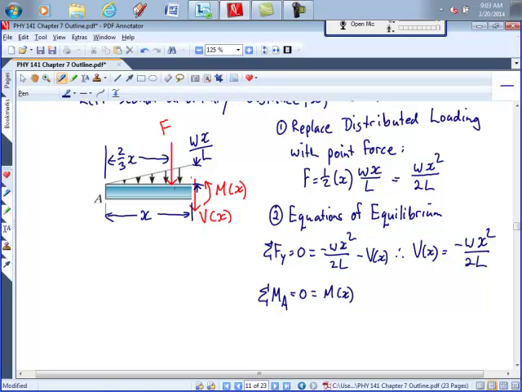And then I have the moment that's produced by the downward force here. And then I'm going to have the moment that's produced by the upward shear force here.